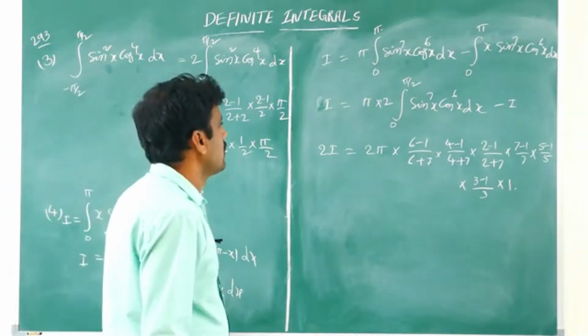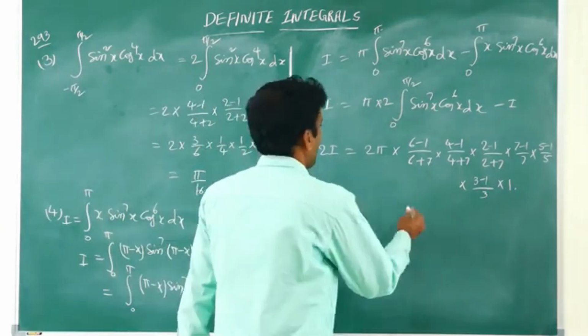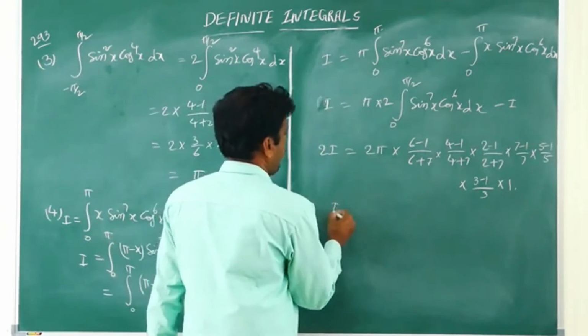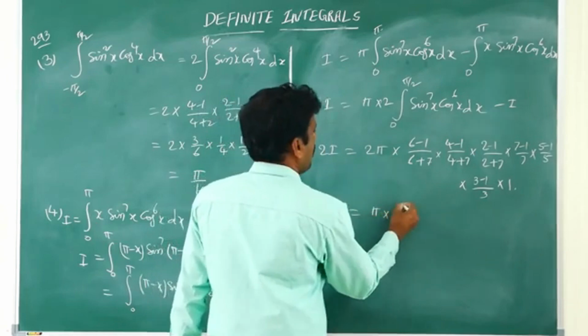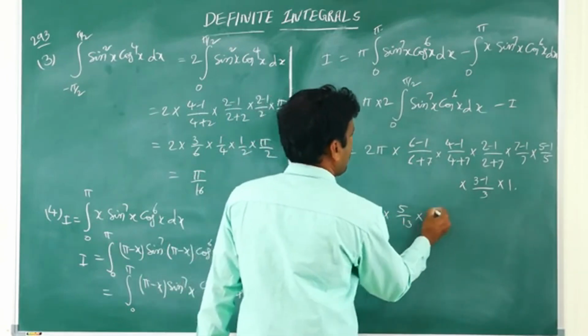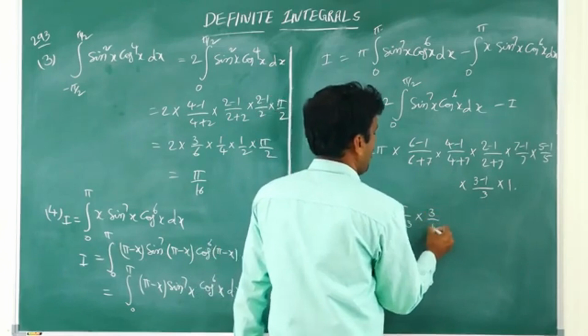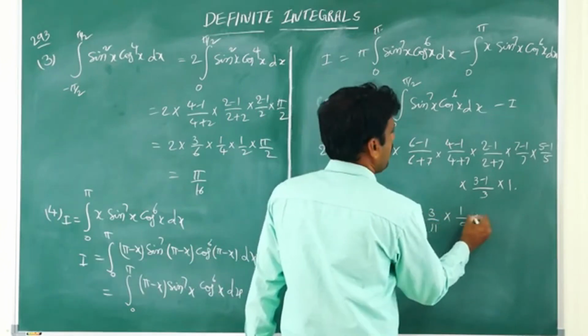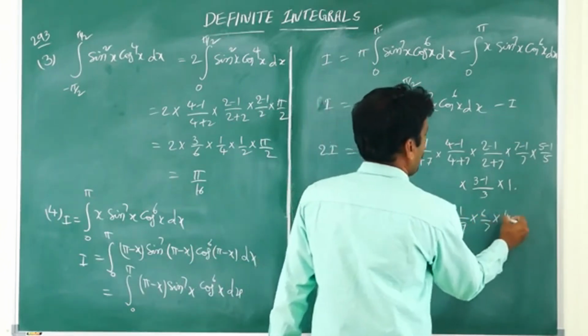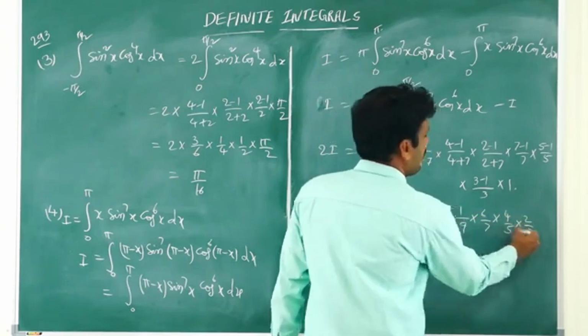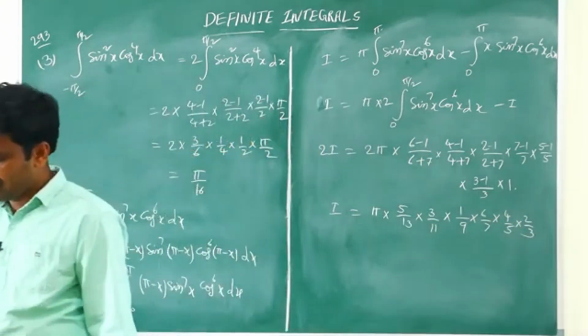Okay, that is 2 to cancel. I equal to pi into 5 by 13, 3 by 11, 1 by 9, 6 by 7, 4 by 5 and 2 by 3.